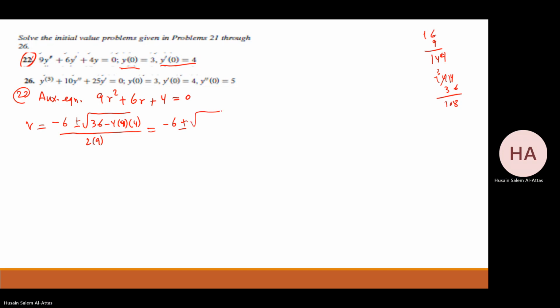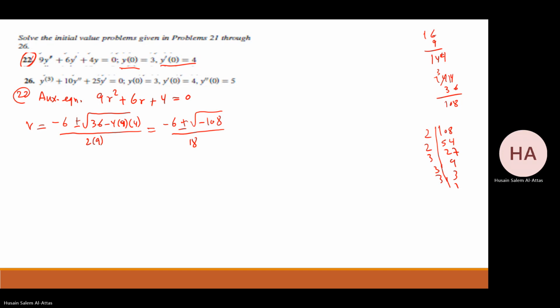Square root of minus 108 over 18. What is 108? 2 times 54, 2 times 27, then 3, 9, 3, 3, 3, 1.